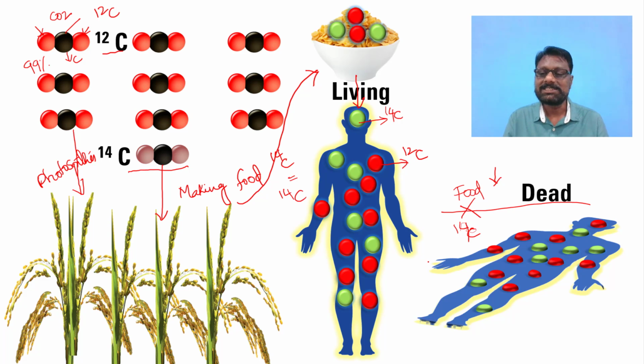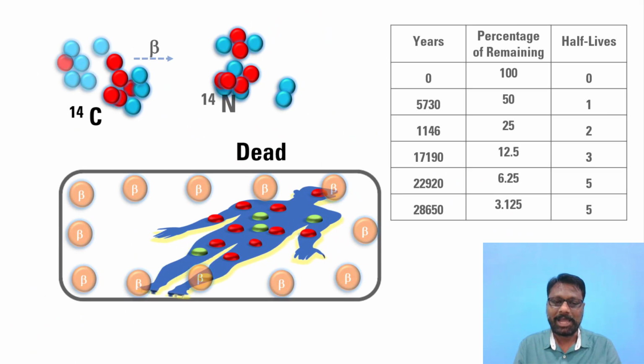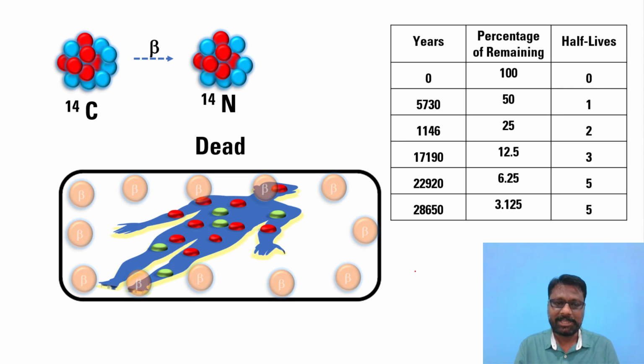It gradually starts decaying, which means the ratio of C14 in the atmosphere and inside the dead body will differ. There is a difference in the ratio of these carbon molecules when we look at the atmosphere as well as the dead body.